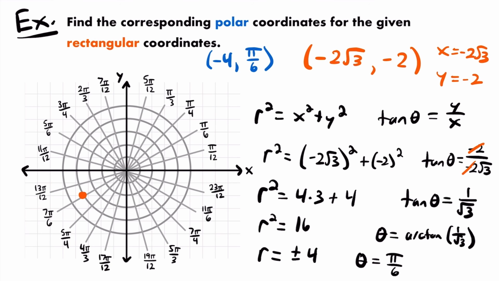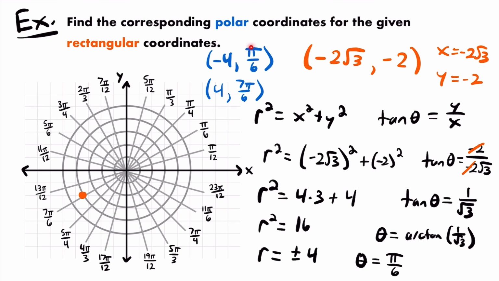But if you did want to have both a positive radius and a positive angle, what you can do is use one of those rules from earlier in this video where you can find equivalent points in polar coordinates. What you can do in this case is negate this radius and then add pi to your angle. So if we do that, we would have positive 4 and then 7 pi divided by 6 as the angle, right?